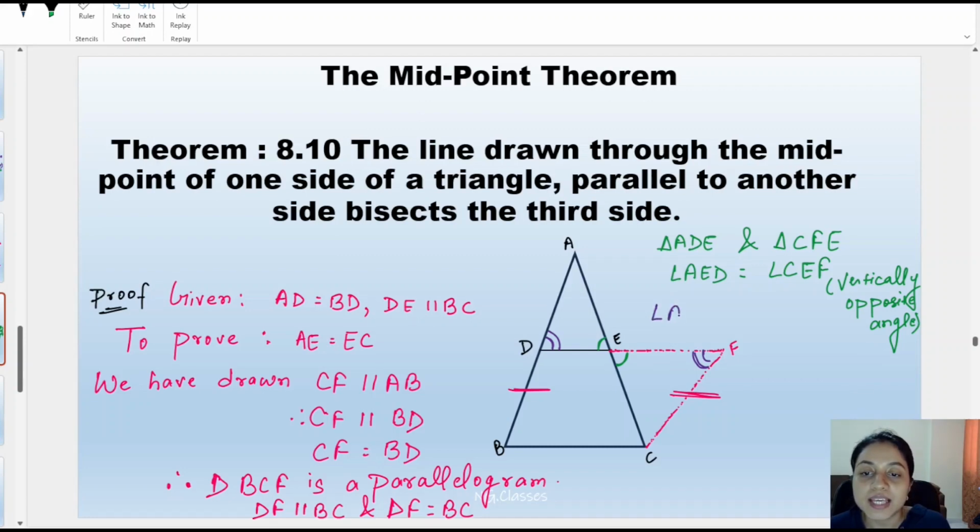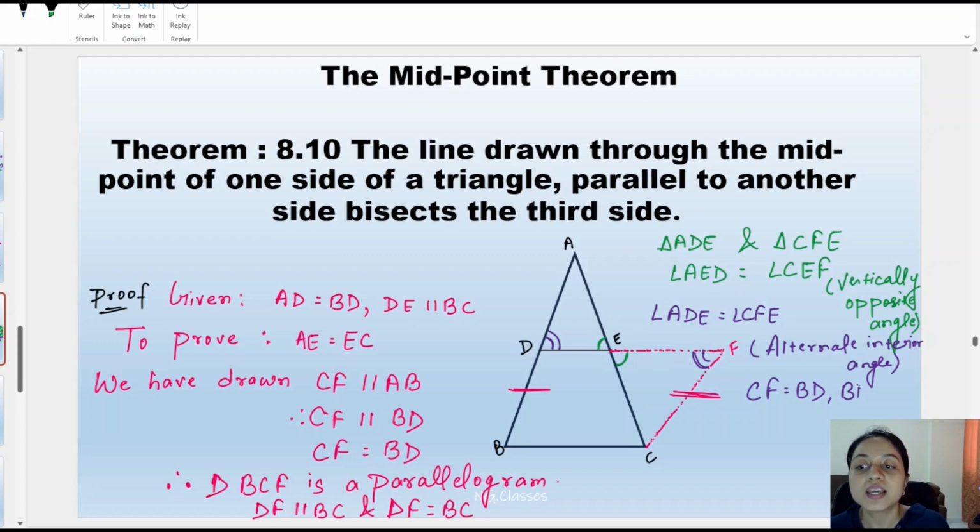So angle ADE is equal to angle CFE, alternate interior angles. And since side CF is equal to side BD, and we also know that BD and AD are of the same length since D is the midpoint of side AB, hence we can say that side CF is equal to side AD.